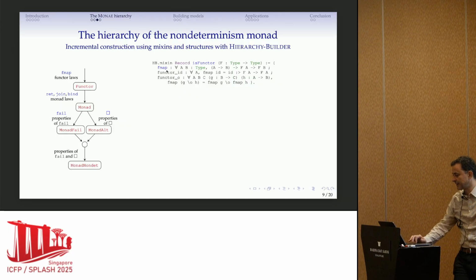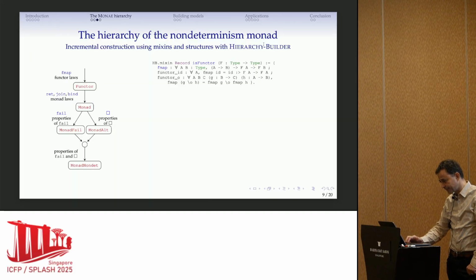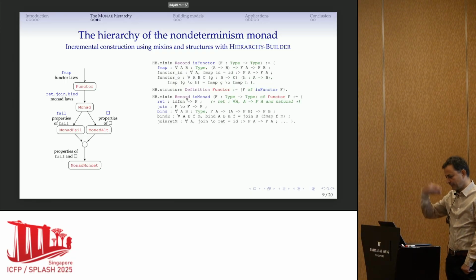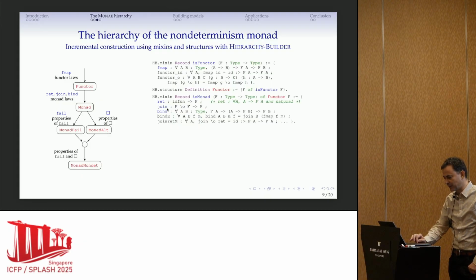So first, you define a mixin using Hierarchy Builder, which is a tool for the framework. A functor is the first part, operation combined with both. Technically, in Hierarchy Builder, this is just a mixin. So to turn it into a usable node, you have to make it a structure. Then you can build a monad, which has more operations, right, join, bind, and more laws.